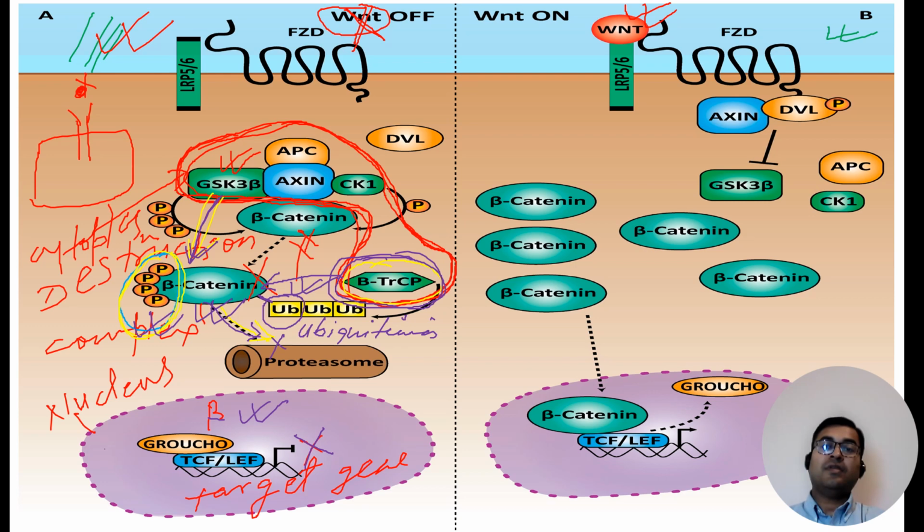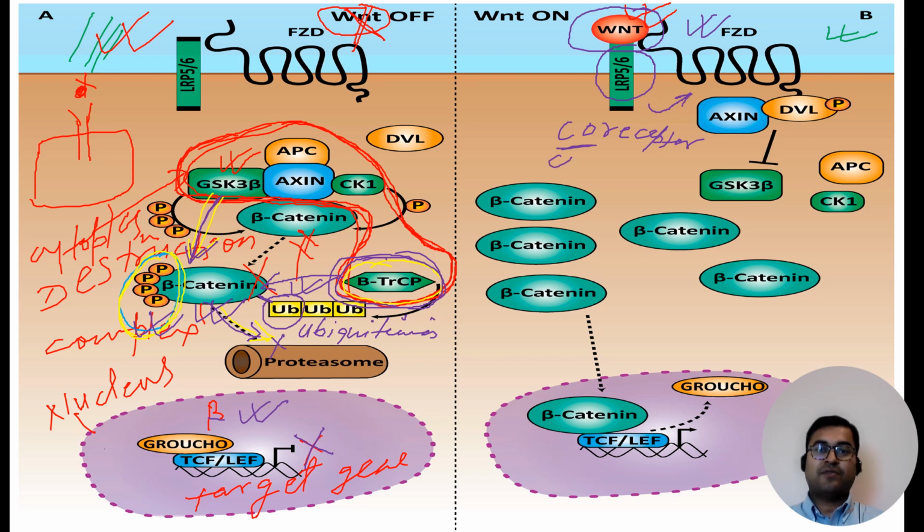Now let us try to understand the second scenario, when there is the presence of this Wnt ligand. When this Wnt ligand is present, it is going to bind to this Frizzled receptor and LRP5/6 receptor, or co-receptor. LRP5/6 is called a co-receptor because it is associated with this Frizzled.